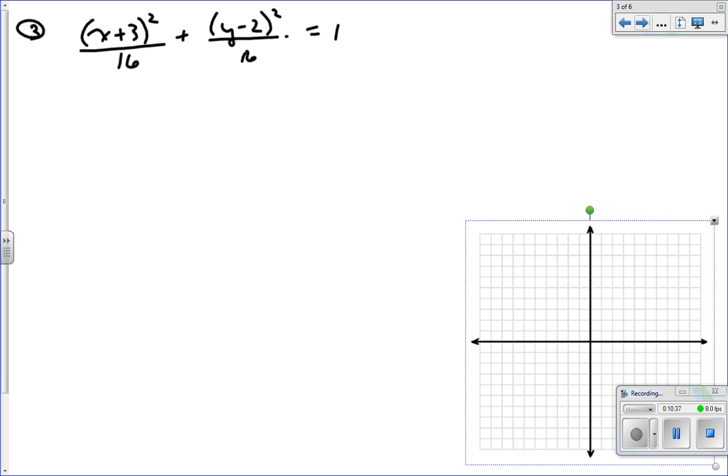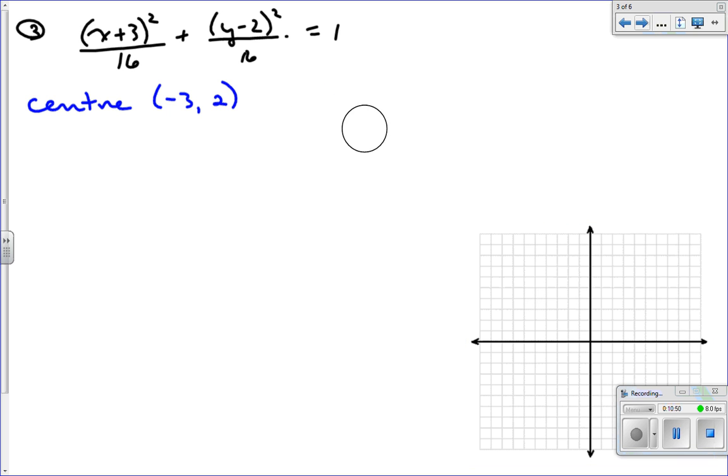The center will be at (-3, 2). So we can think of this as having a mapping rule of (x, y) maps onto (x minus 3, y plus 2). So that's the little formula for calculating any of the vertices that I need to deal with.